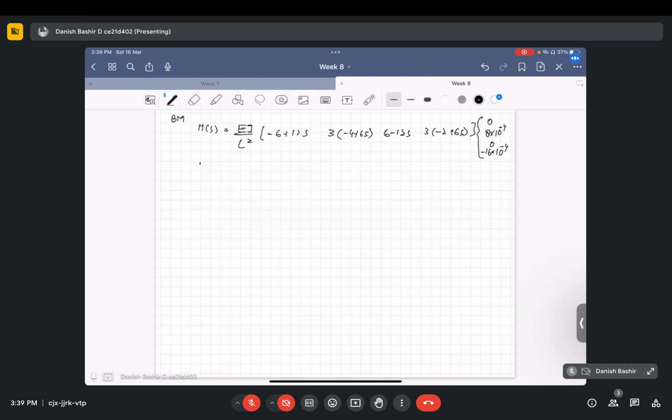When you solve this equation as well, you will get the moment equation to be equal to minus 240s. So this was our first element. Element first, s was equal to 0 here, s was equal to 1 here.